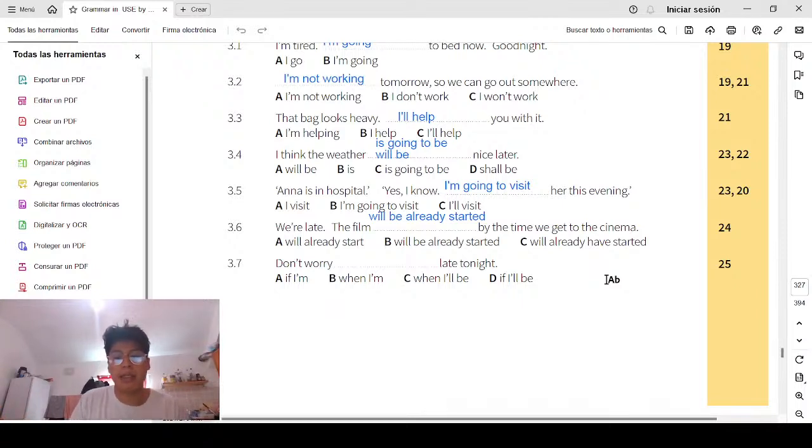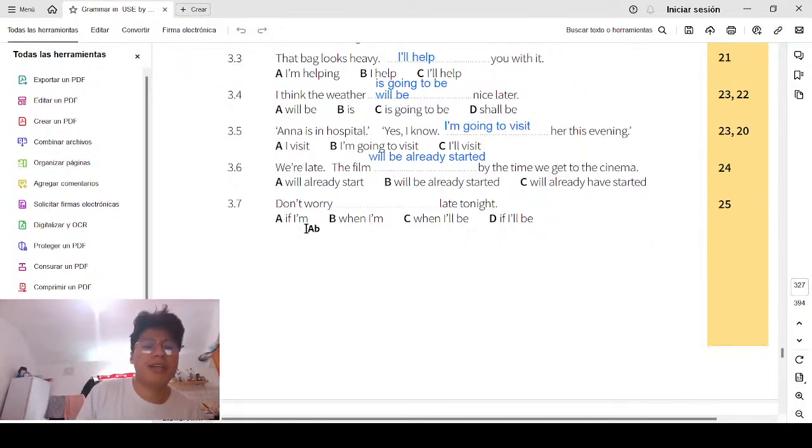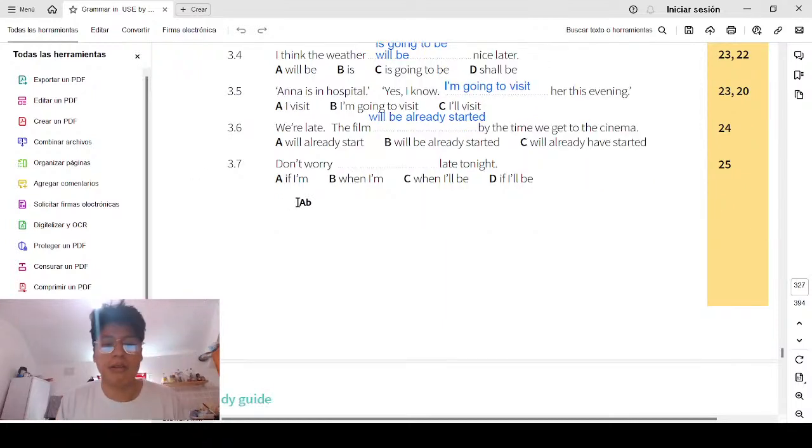In this case, by the time we get to the cinema. So the time is when we get to the cinema. That's why the film will be already started by the time we get to the cinema, right? I like this sentence. That's crazy. It blew my mind. So next one.